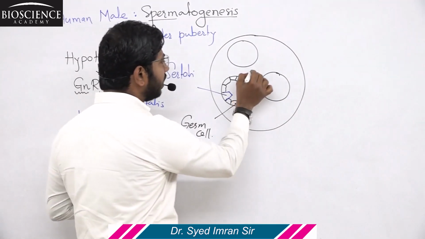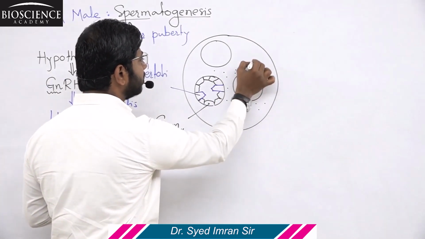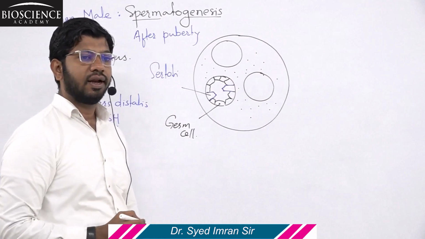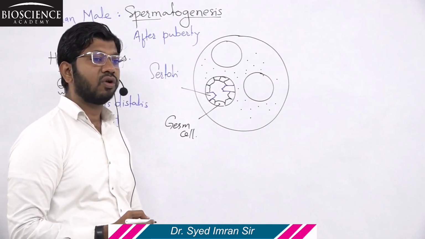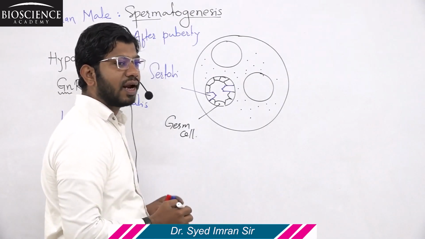Now in between the seminiferous tubules, in the interstitial spaces, two types of cells are present. One is Leydig cells and the other is immunologically competent cells. We are dealing only with the Leydig cells right now.